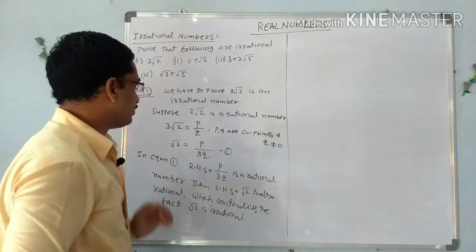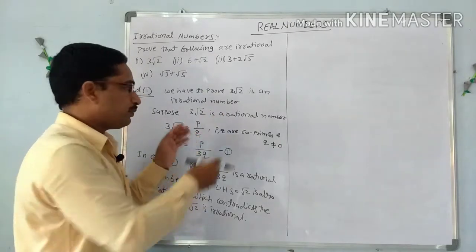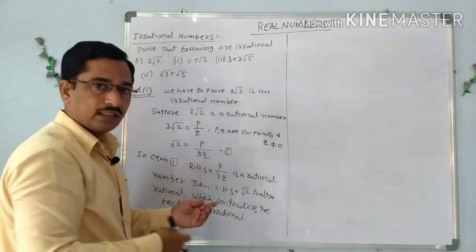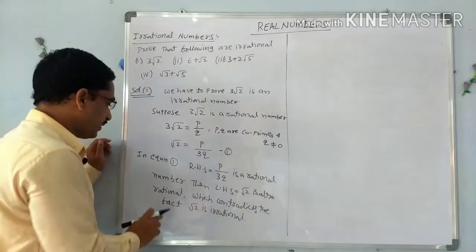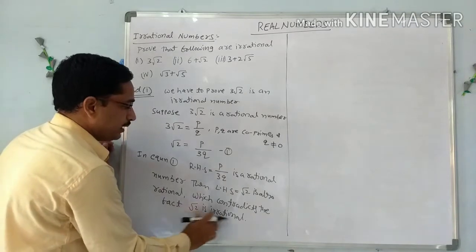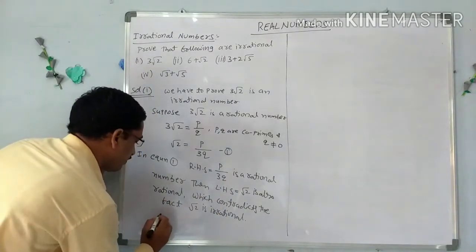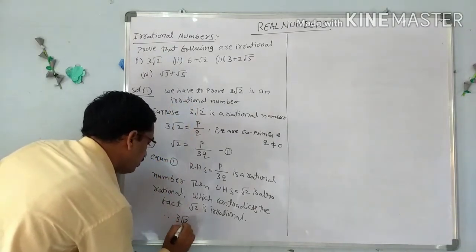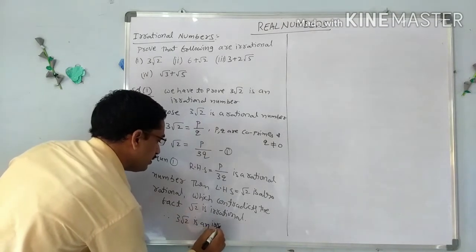Because we supposed that it is a rational number, we solved the problem, and at last we got a contradiction. So this is called proof by contradiction. The fact that root 2 is irrational is contradicted. Therefore 3 root 2 is an irrational number.